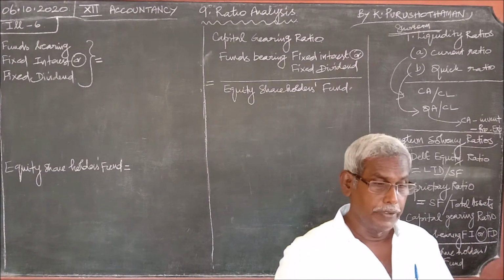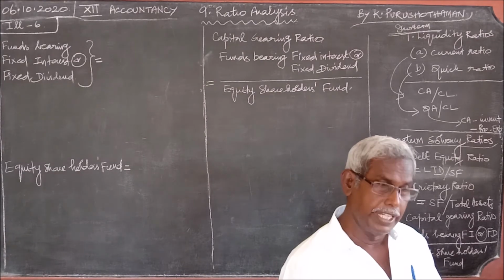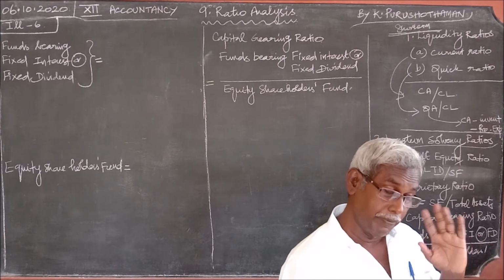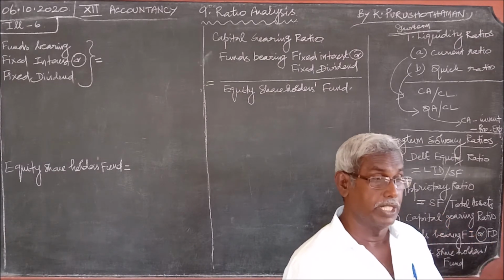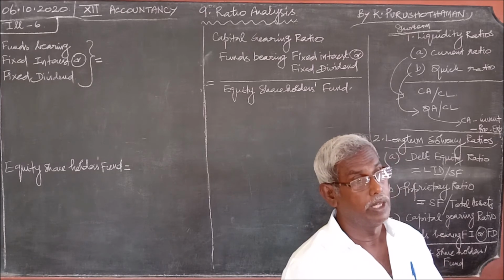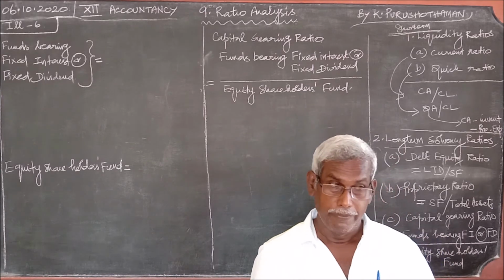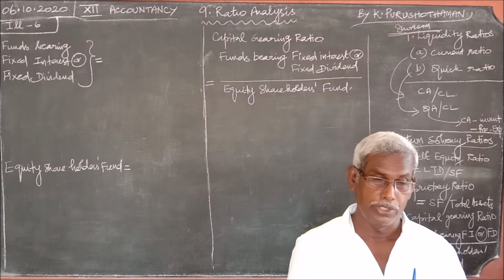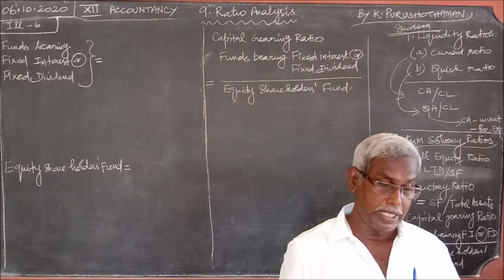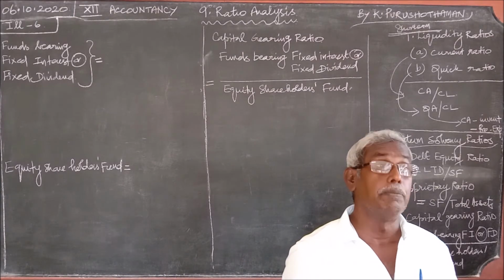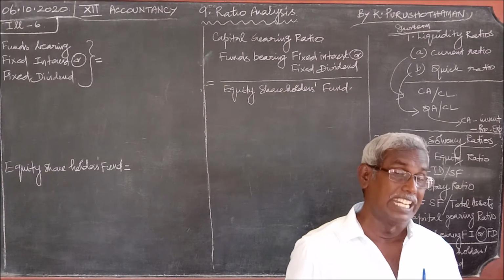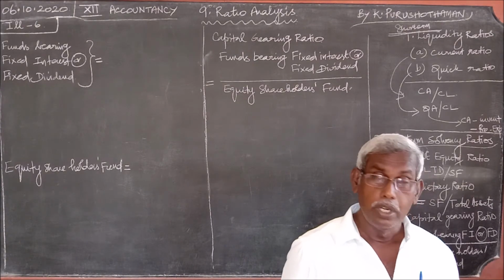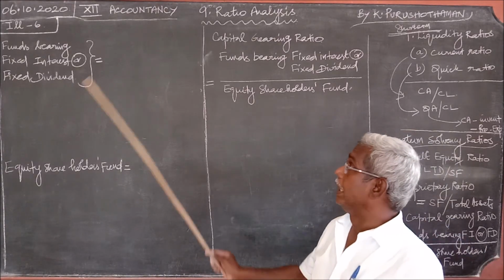So fixed dividend for preference shares and fixed interest for debentures. Fixed dividend is given to preference shareholders. Fixed interest is given to debenture holders, who have given loans. So after understanding it, we can go there.